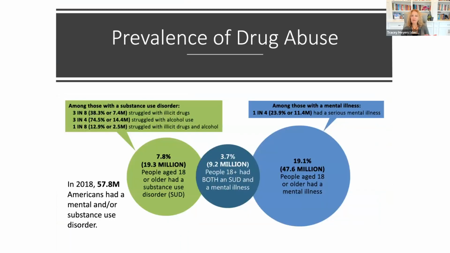And then if we add in mental health issues, we're adding another really important group in. So we have about 19 million people that have mental illness, and then the subsection of folks that have both mental illness and substance use. About 3.7% of the population, or almost 10 million people, have both substance use disorder and mental health issues, what we would call a dual diagnosis.